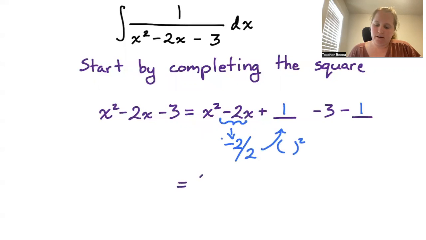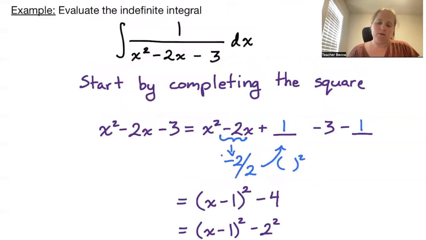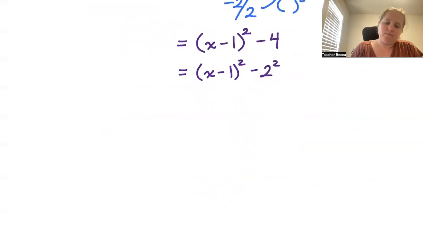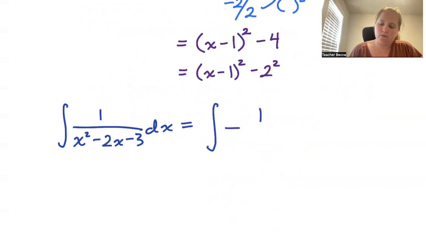And we are looking at an x minus 1 in parentheses squared minus 4, otherwise known as x minus 1 in parentheses squared minus 2 squared. So our integral becomes, we have the integral of 1 over x squared minus 2x minus 3 dx is the same thing as the integral of 1 over x minus 1 squared minus 2 squared dx.